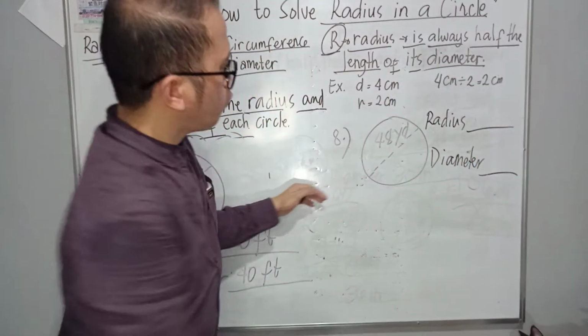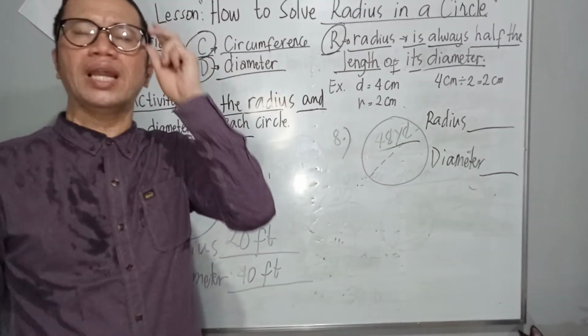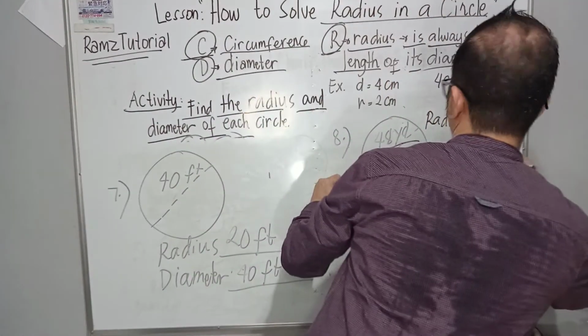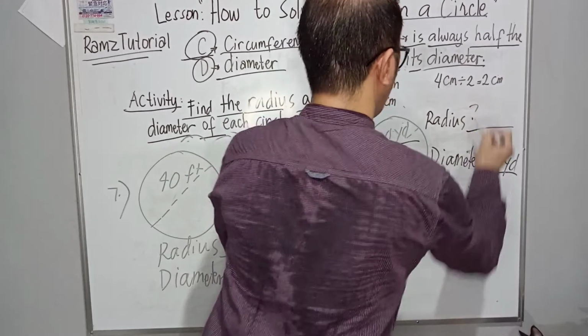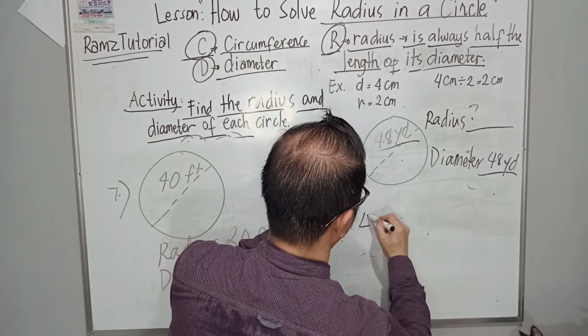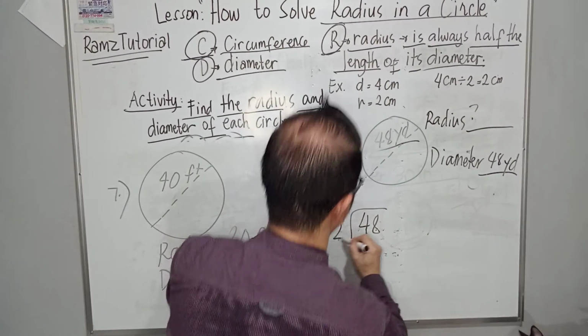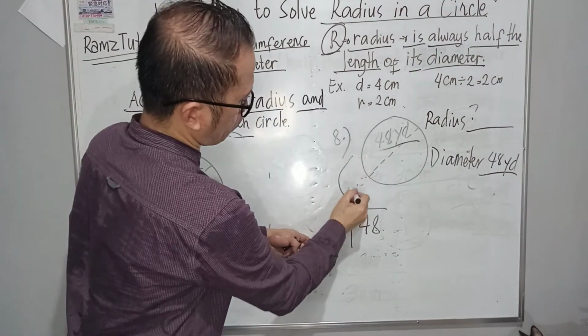Okay, we need to write here. We have 48 yards in our number 8, class, so we need to write the diameter here. We have 48 yards, and we need to divide by 2. I'm going to show you, class. 48 divided by 2. This is for the number 8 solution.